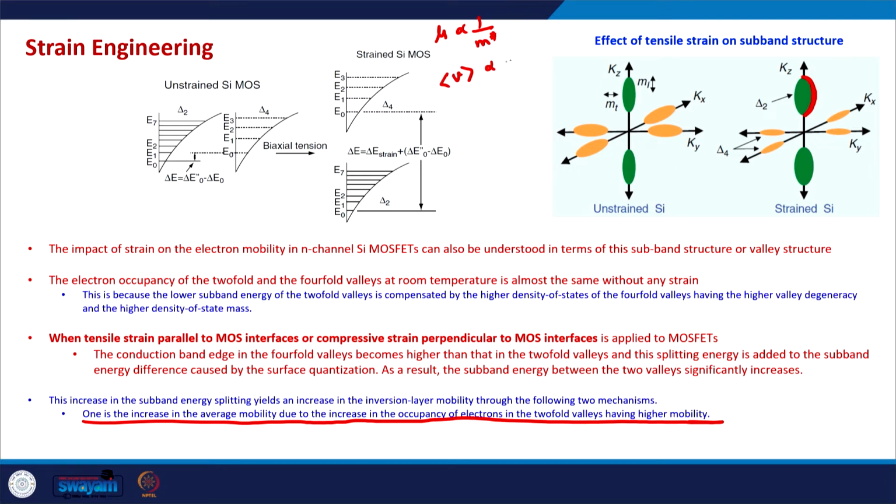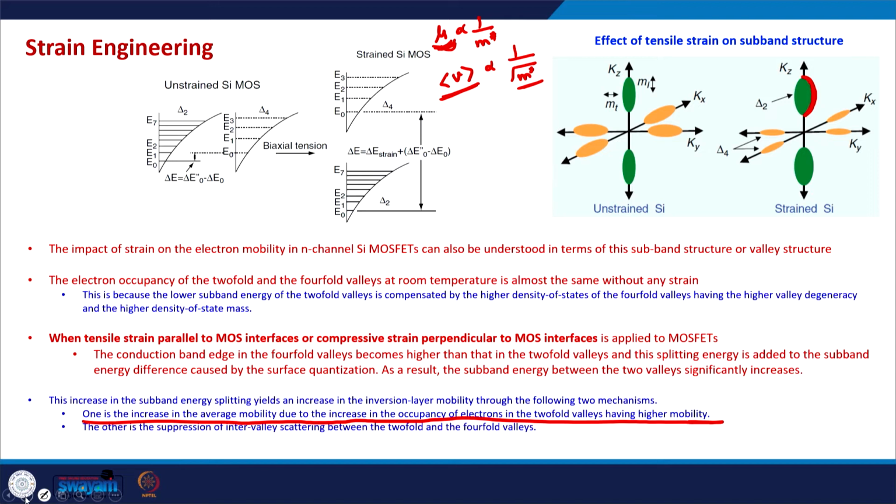Moreover, the injection velocity is also inversely proportional to the effective mass. So if m star is reduced, the injection velocity in ballistic MOSFETs or the mobility in bulk MOSFETs will be increased. So, one thing is that.